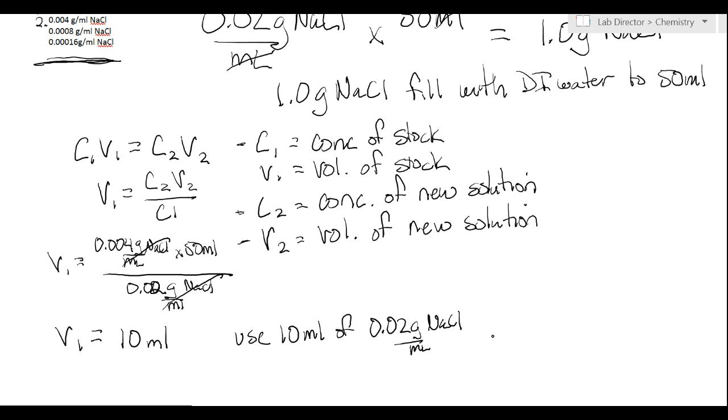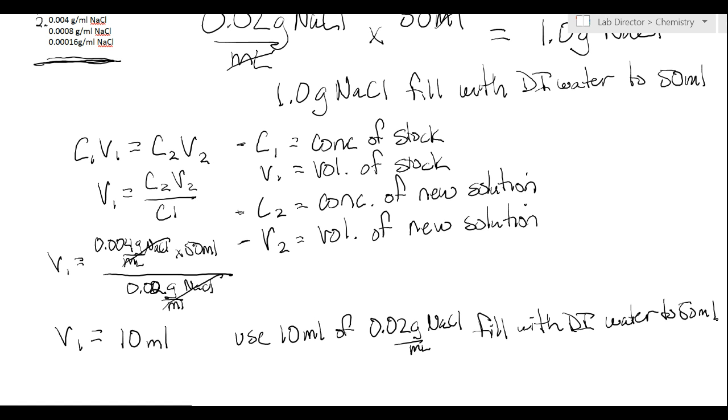And same thing as before, I want to fill with deionized water to get a 50 milliliter total. Okay, so those are my instructions. I'm going to use 10 milliliters of my more concentrated solution, fill the rest with water, and then I'll have 0.004 grams per milliliter.